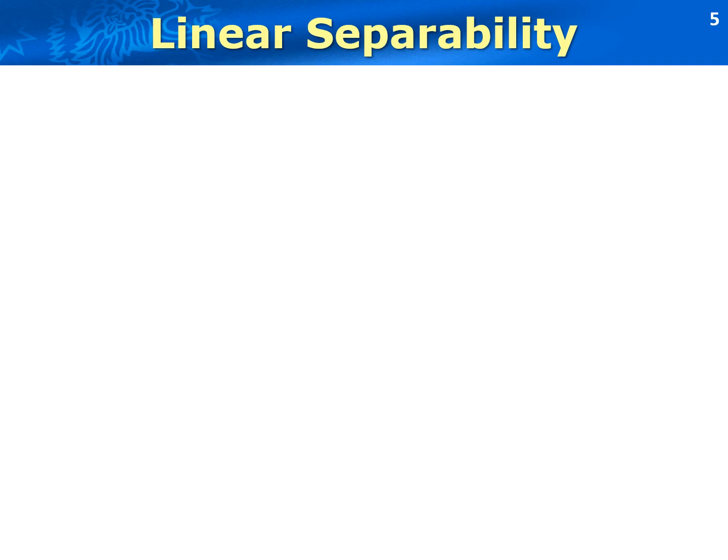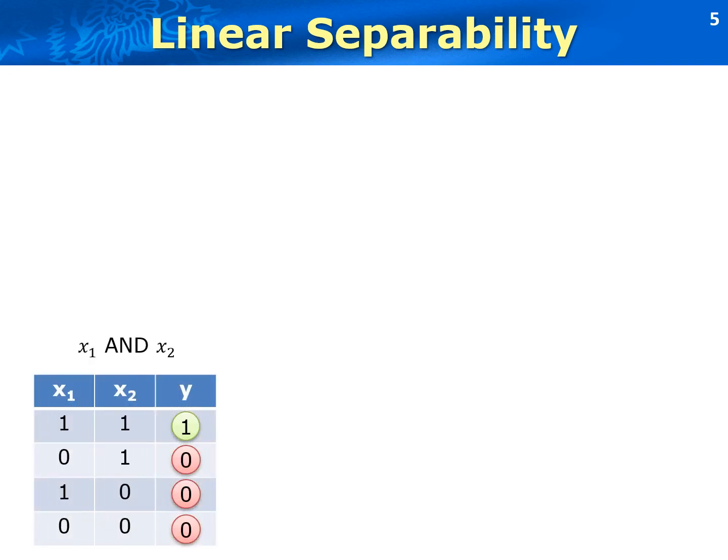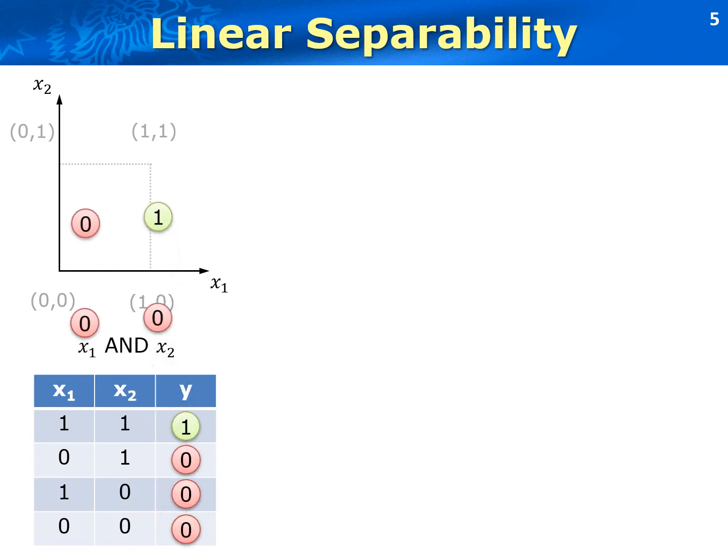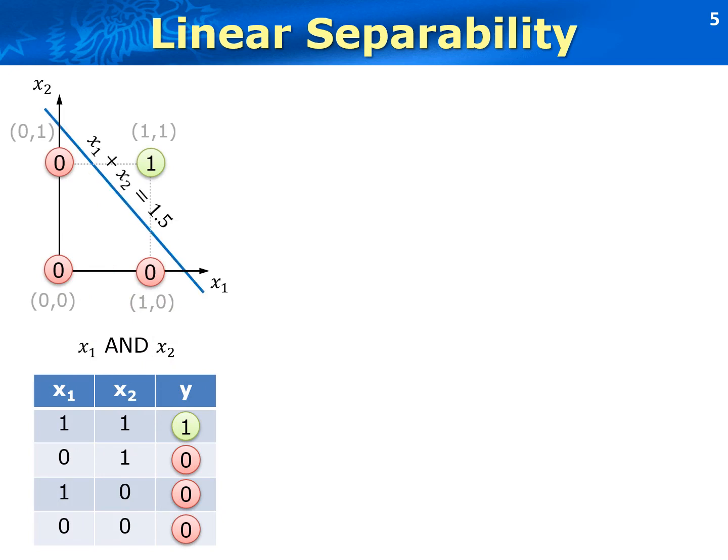The AND gate is linearly separable because when we depict its 4 training data points in 2 dimensions, we can separate them using a line x1 plus x2 equals 1.5, such that the point with the green label is in 1/2 blue space, and the 3 points with red labels are in the other half space.